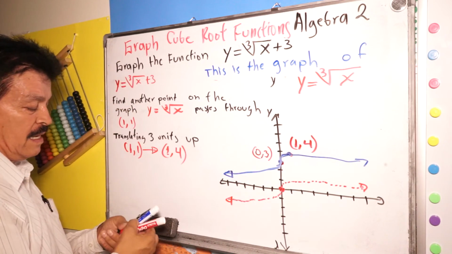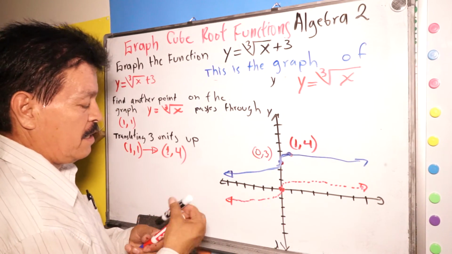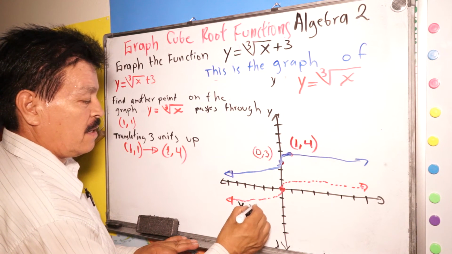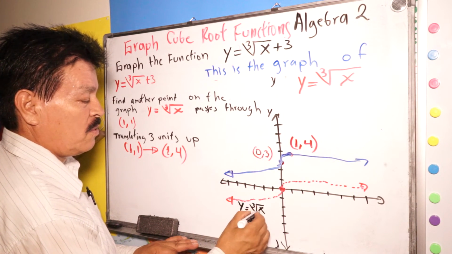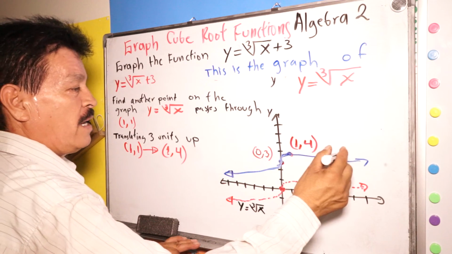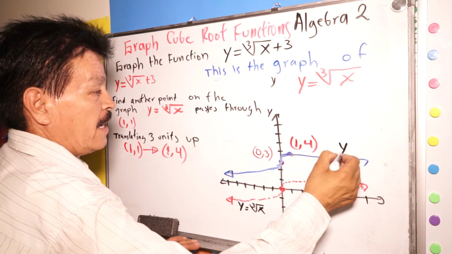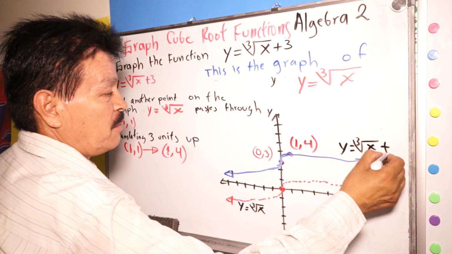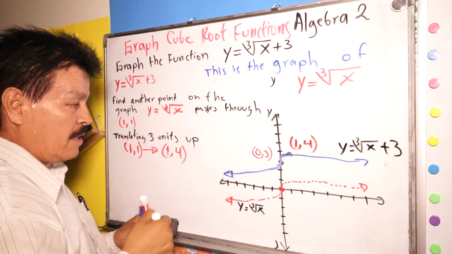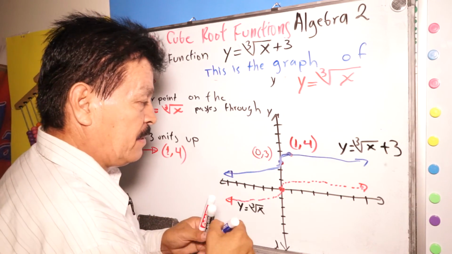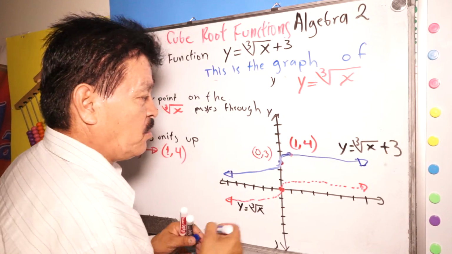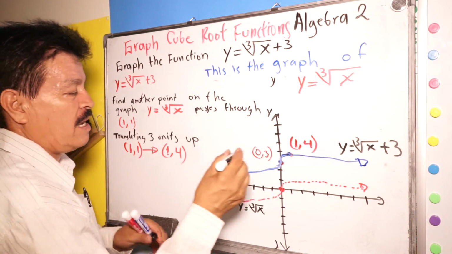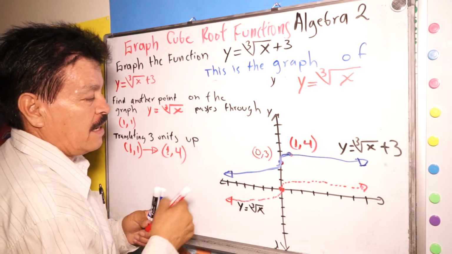This graph is y equals cube root of x, and then this one is y equals cube root of x plus 3, right? This is our graph. It's very simple, just translating 3 units up.